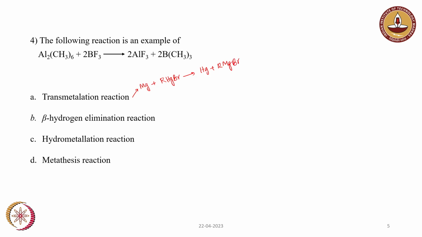So here magnesium replaces mercury. RHgBr becomes RMgBr. Another reaction is again magnesium plus R2Hg. So here too magnesium replaces mercury, giving Hg plus R2Mg.